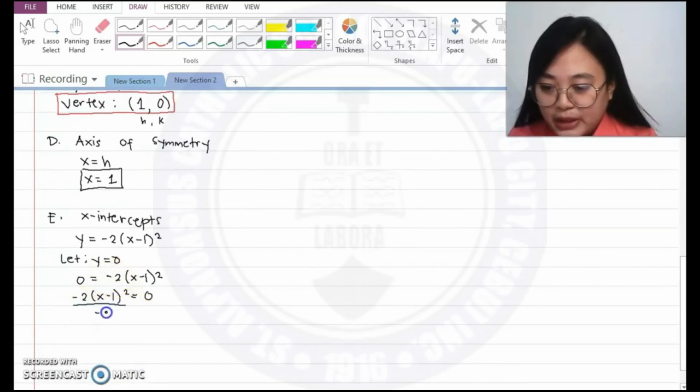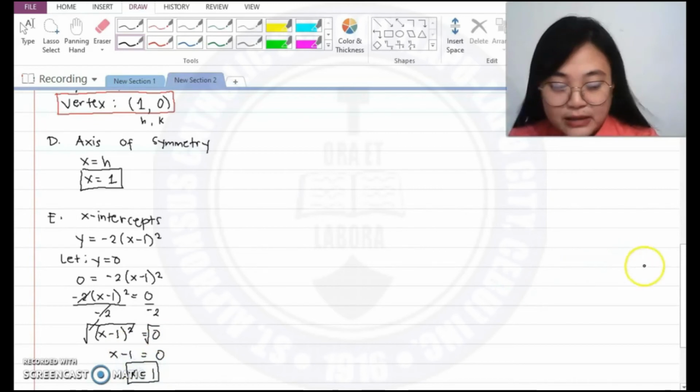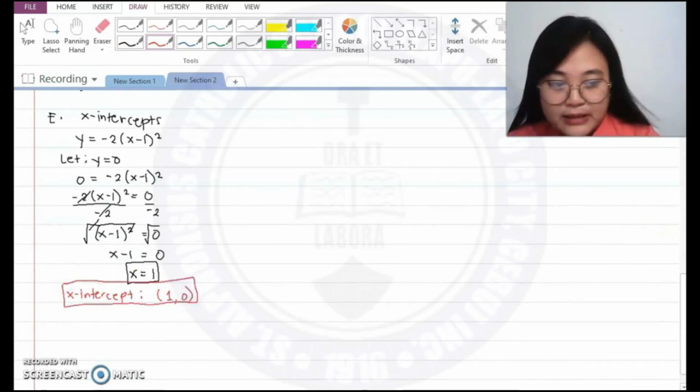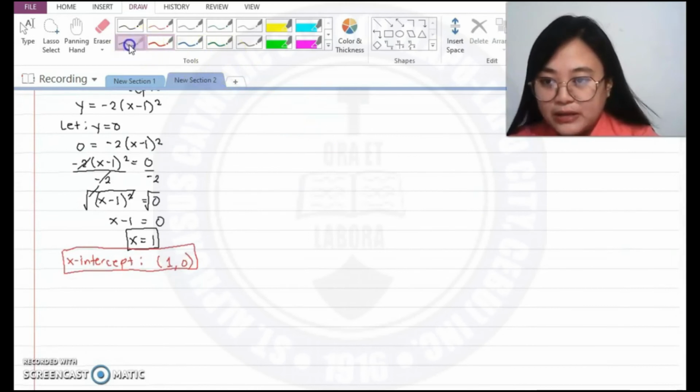Divide by -2 on both sides, that would be (x - 1) squared, the -2 cancelled, equals 0. Extract the square root, class, so that we could cancel the square. It will become x minus 1, and the square root of 0 is 0. Then x equals, transposing negative 1, 1. Therefore, our x-intercept here is (1, 0).